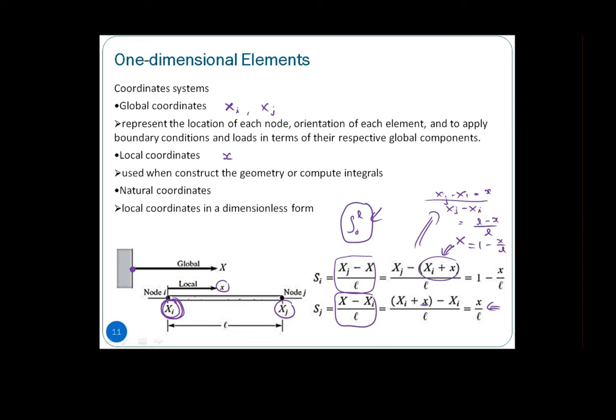The transformation from local to global can be done easily, especially in trusses and frames later on.